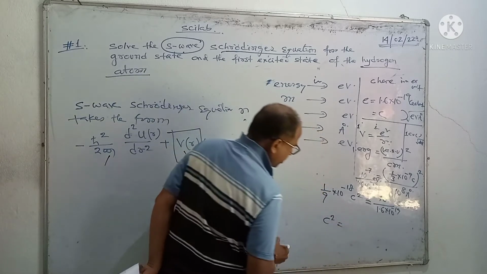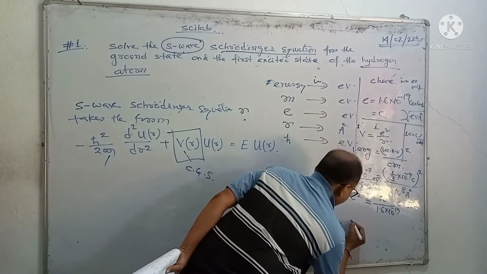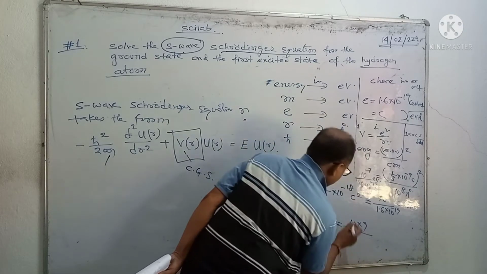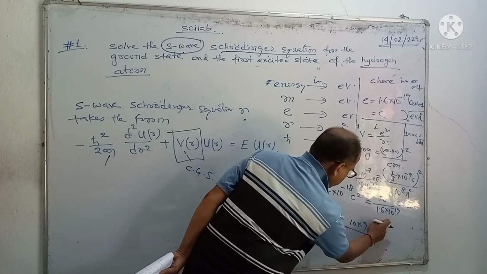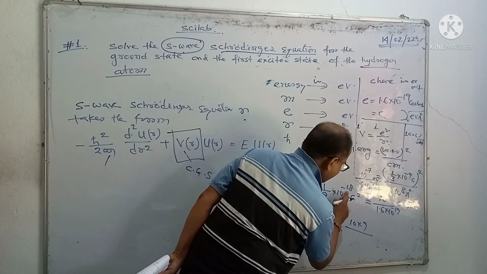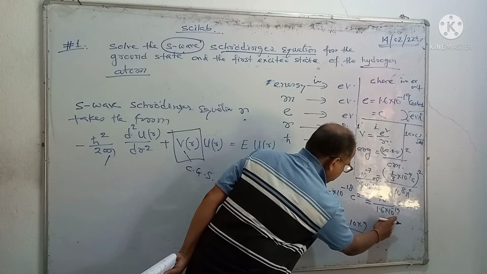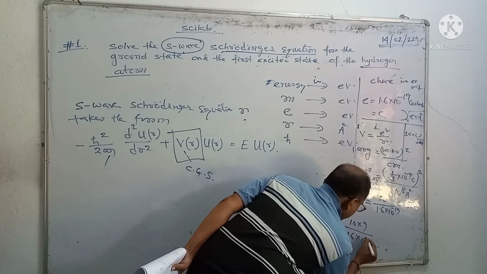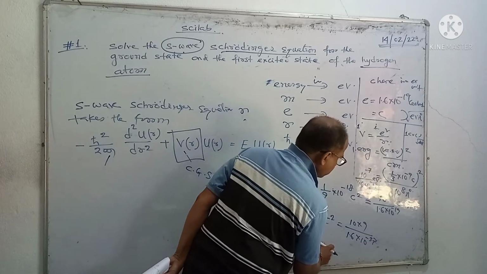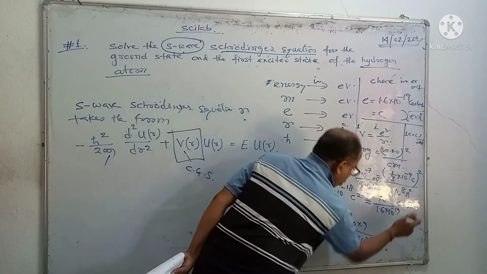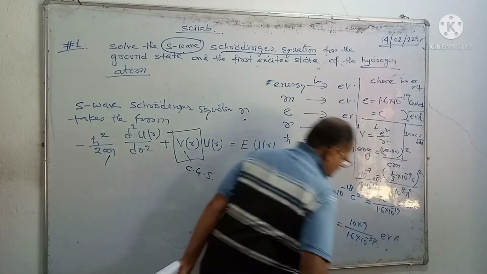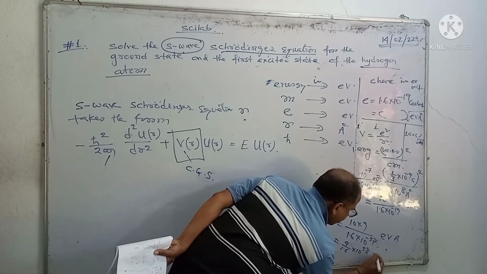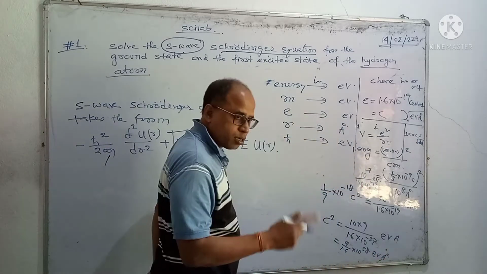Coulomb square is equal to 10 into 9 by, here it will go down, therefore 10 to the power minus 18, 10 to the power minus 19, that means 10 to the power minus 37. 1.6 into 10 to the power minus 37, unit is electron volt angstrom, by 1.6 into 10 to the power 38 electron volt angstrom coulomb.